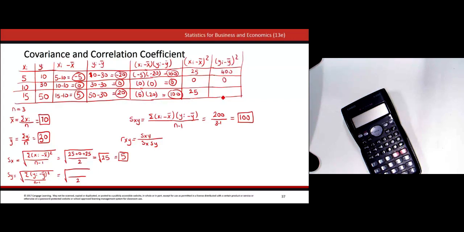Negative 20 squared is 400, 0, 400. That is 800 divided by 2, the square root of 400, which is 20. Now we can simply calculate the correlation coefficient, which is the covariance 100 divided by the standard deviations of the variables. It is plus 1, so this means a perfect positive linear relationship.